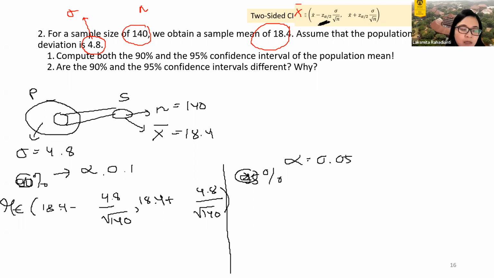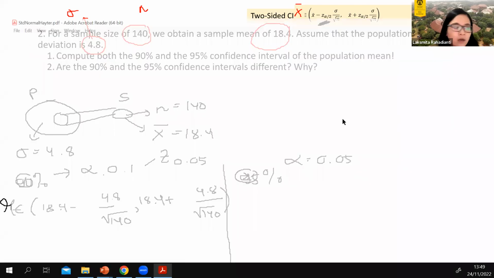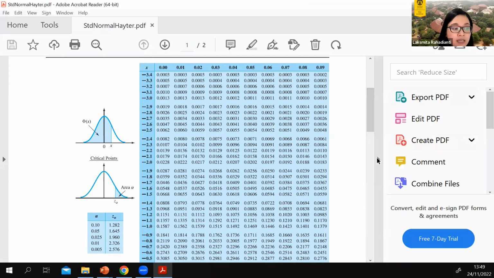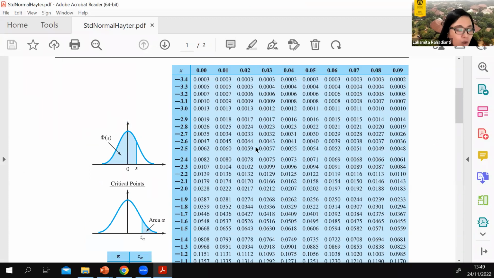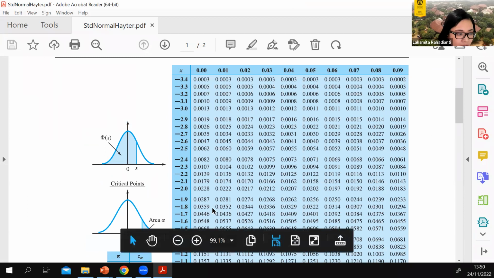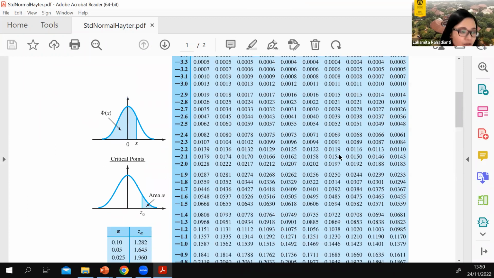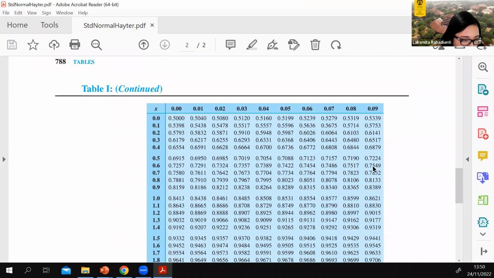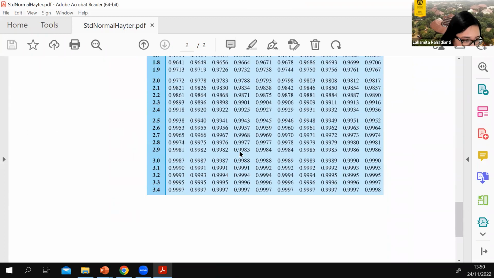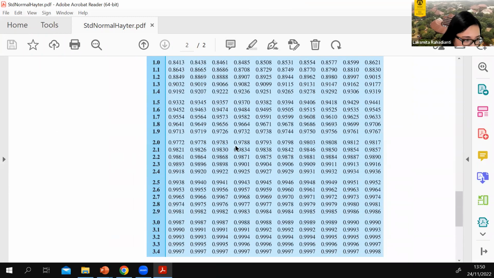So in this case, I will need to obtain z alpha of 0.05. Remember, when we were talking about the z alpha notation, we looked up the values in here. If I wanted to get z alpha of 0.05, then I would need to find up to 0.95.